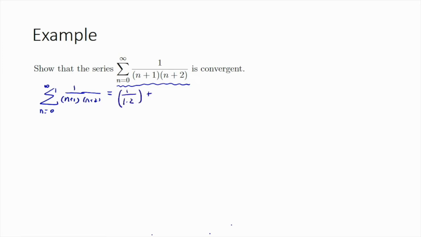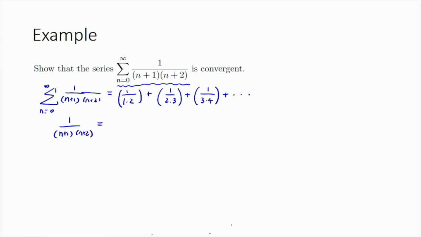When n is equal to 1, you have 1 over 2 times 3. When n is equal to 2, you have 1 over 3 times 4 plus dot dot dot. Now, in order to understand this series better, we're going to rewrite 1 over n plus 1 times n plus 2 in a slightly different way.